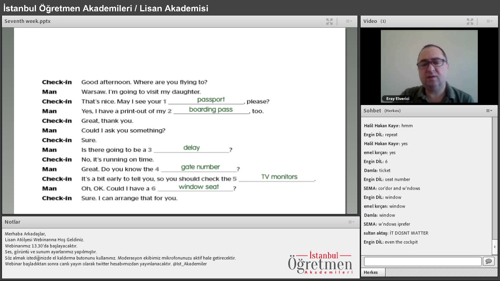Number 5 is TV monitors, screens. Most of the time they say TV monitors because there are big TV monitors around the airport. And the last one is the cockpit. Oh, it is difficult to have a cockpit seat. Nearly impossible. Okay, the last one is window seat.